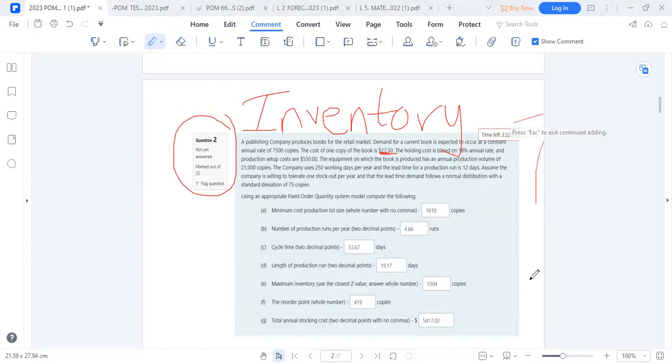So this question is on the production model.